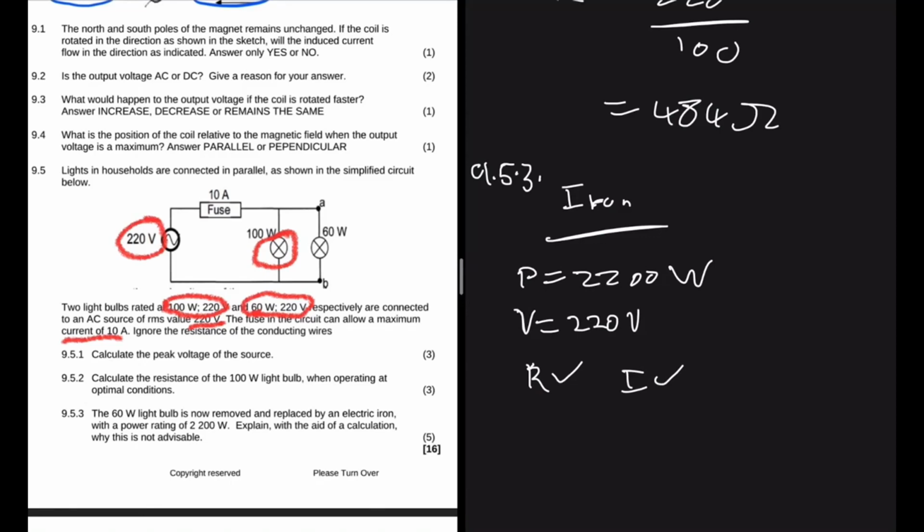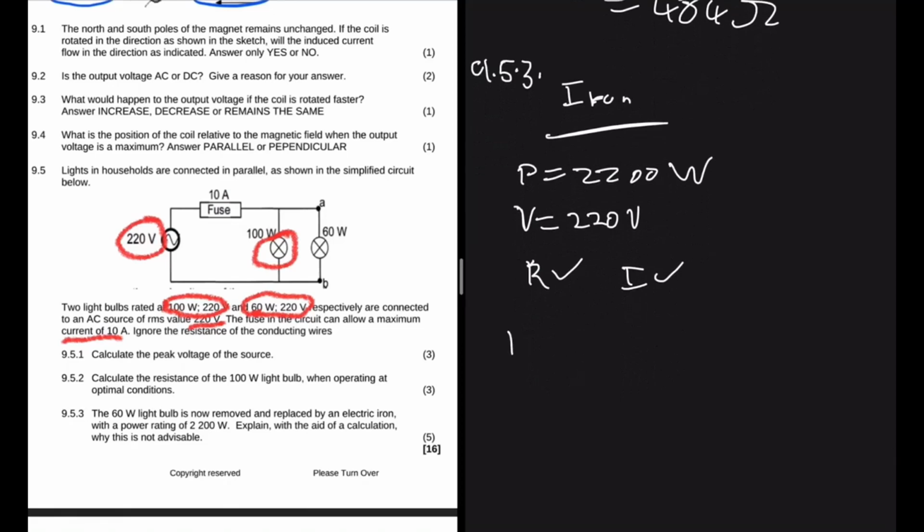The total current. But another way of calculating the total current is if we just use the power and the voltage, right? So let's say that the power is equal to VRMS multiplied by IRMS.